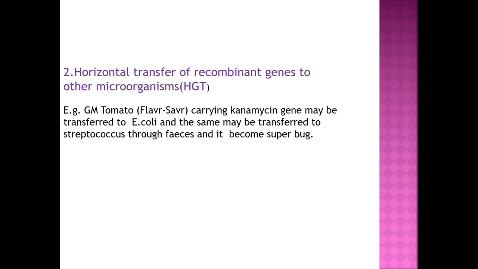If that pathogenic bacteria which has already gained the antibiotic resistant gene infects a human being, it will show resistance to antibiotic, and thus it will have a very bad effect on human health. So this way of transferring genes from a genetically modified crop into the microorganisms existing in nature is said to be horizontal transfer of genes, that is HGT. This is one of the most risky things with respect to genetically modified crops.